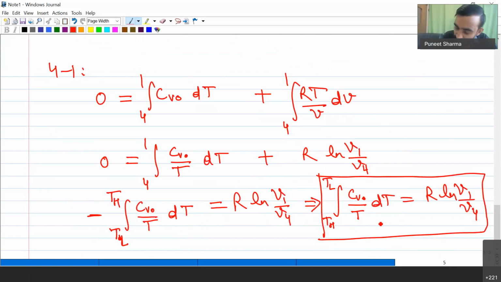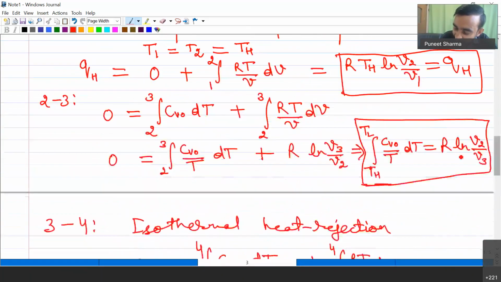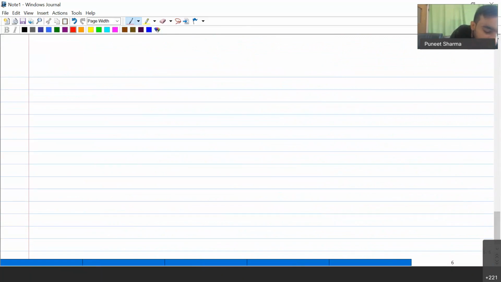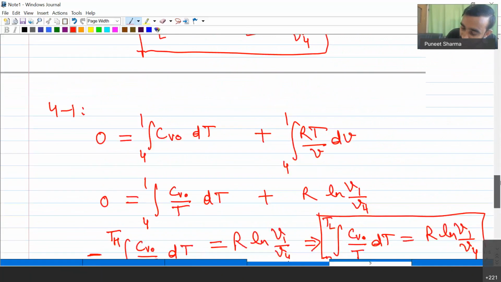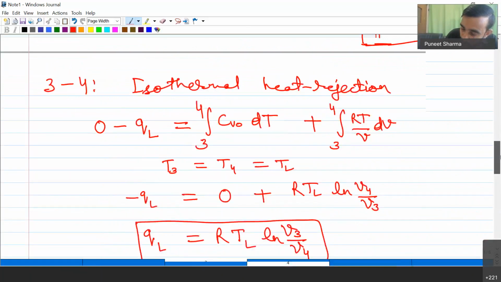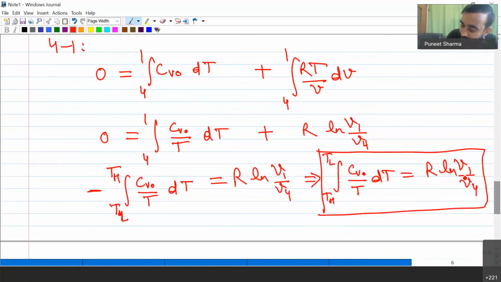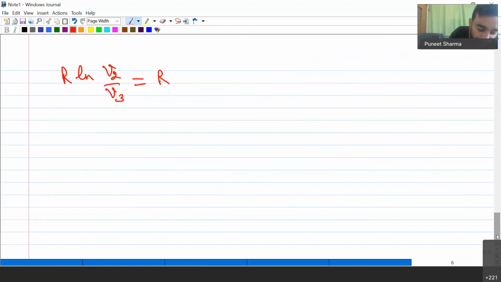So from here I can say that R times ln of V2 by V3 will be equal to R times ln of V1 by V4.